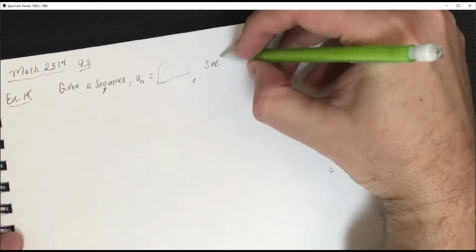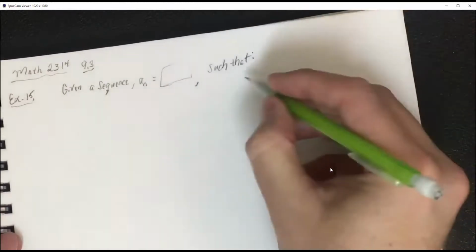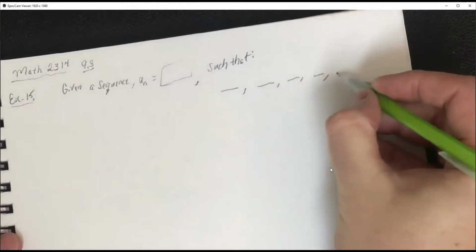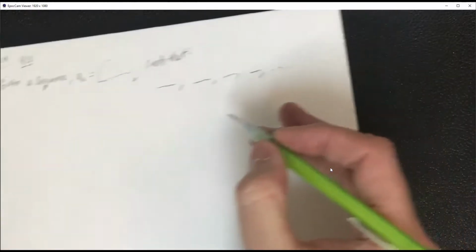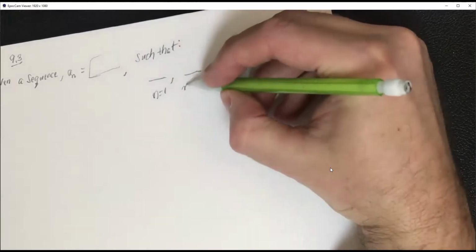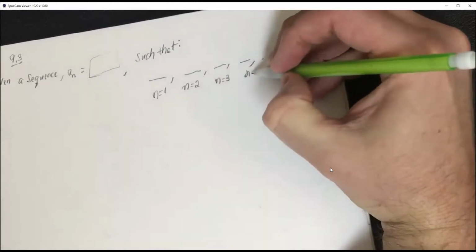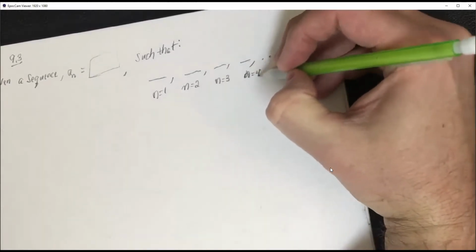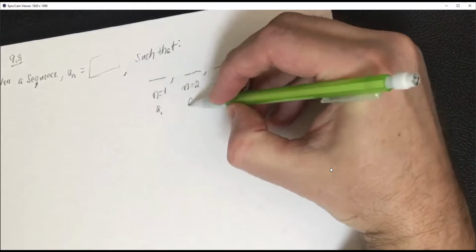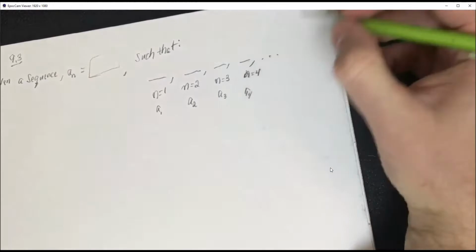such that, and let's write down the terms to establish the pattern. n equals 1 and so forth, n equals 2, which means the first term, the second term, if we call it a, and so forth.